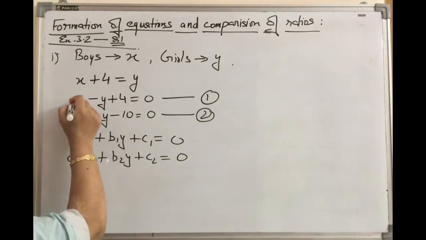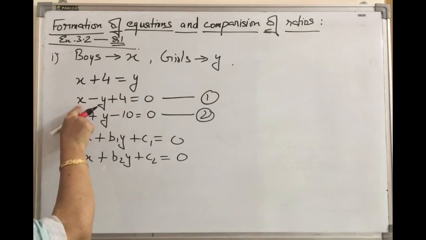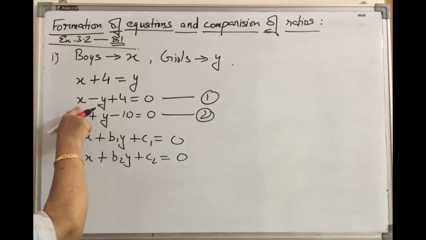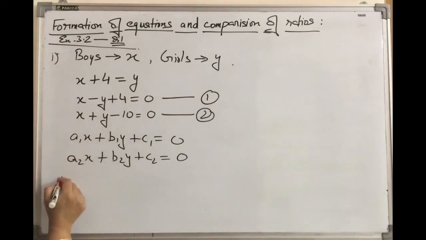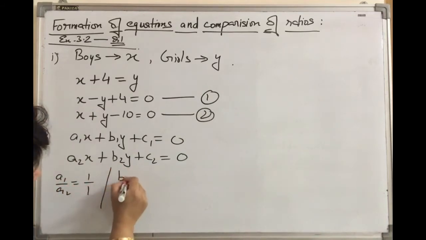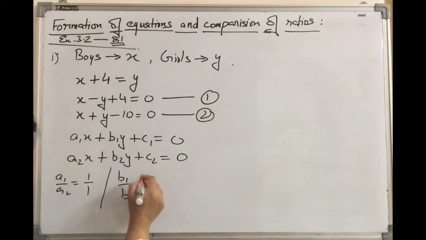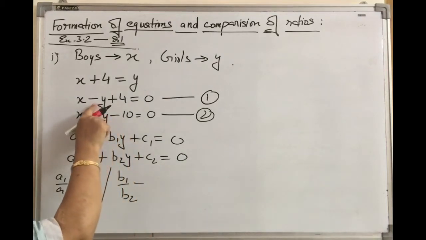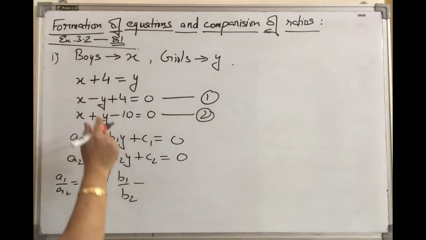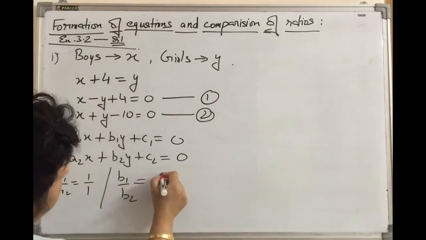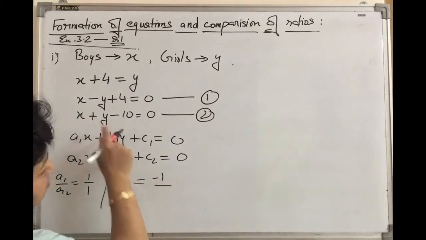In the first equation, the coefficient of x is a1 and a2 is also 1. So a1 upon a2 is 1 by 1. Next, b1 upon b2: b1 in the first equation is the coefficient of y, that is minus 1, and b2 is plus 1.